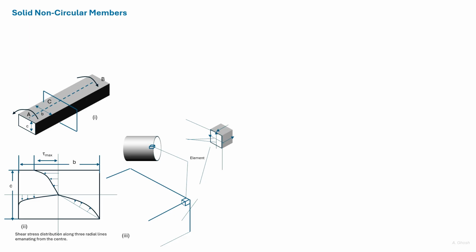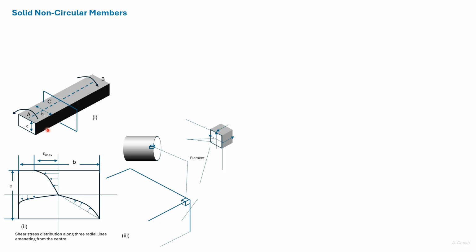When torque is applied to bars of such sections, then plane sections do not remain plane, and there's a distortion within planes. For a square cross-section, when a torque is applied, all sections get warped. It is only a line through the middle of the surface that stays straight, and a line connecting the corners, that is a diagonal connecting the corners, which remain straight.